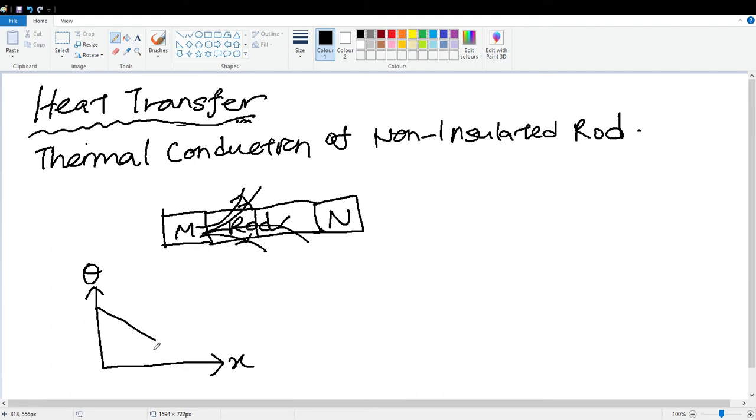This is the first rod, and this will be my second rod. This one will be my theta 2, and this one will be my theta 1. Let me mark L1, and this one shall be L2.